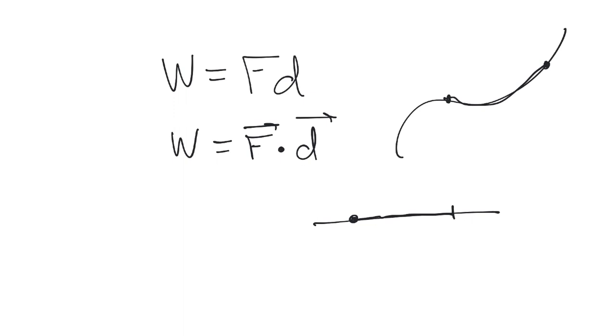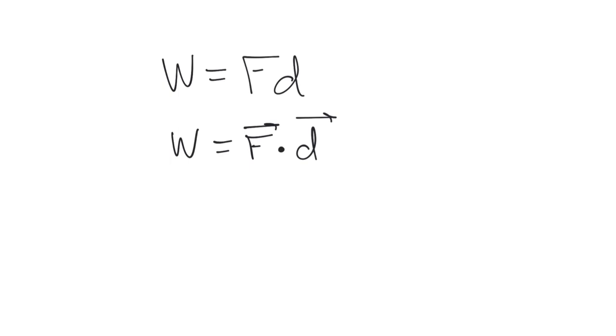So our distance here is actually a vector, and as such, when you multiply two vectors, you have to do either the cross product or the dot product. Work is defined as the dot product, or scalar product, of the force and distance vectors. I'm using distance here because that's what is typically used.